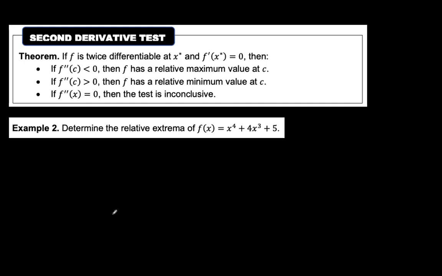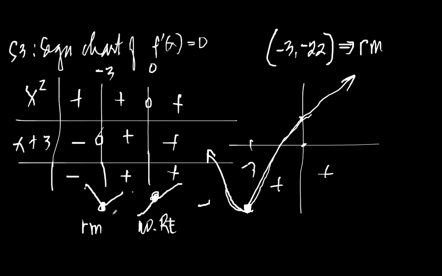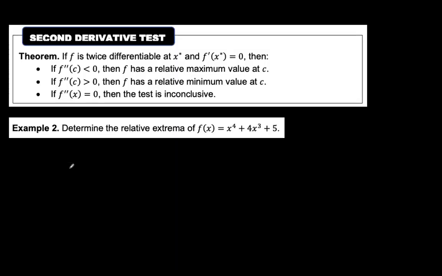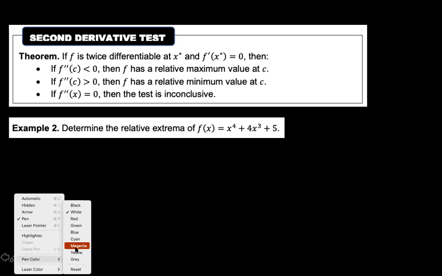It tells us, without using the sign chart, matatanggal na to kasi medyo mahaba-haba din siya, we can use the second derivative test to determine if the given critical number is under a baby RM or a big RM. Ang ganda ng term, no?